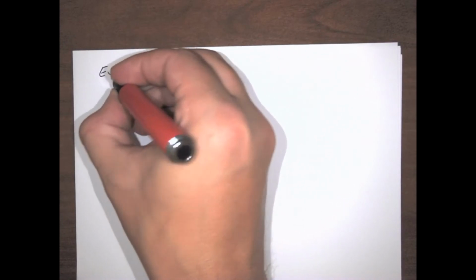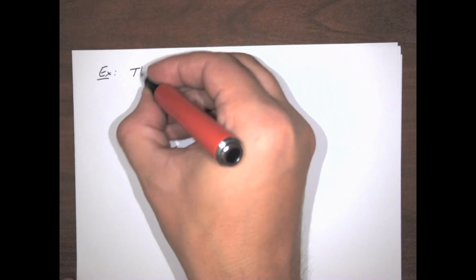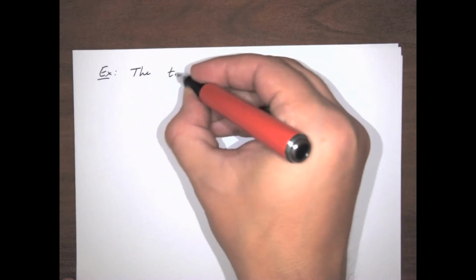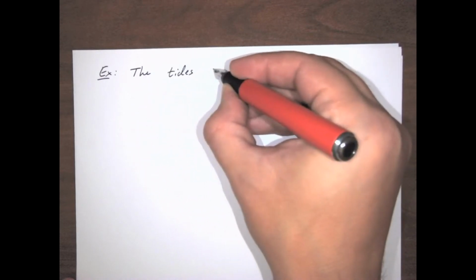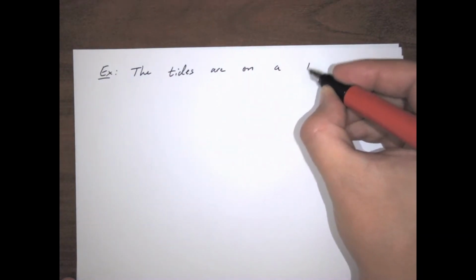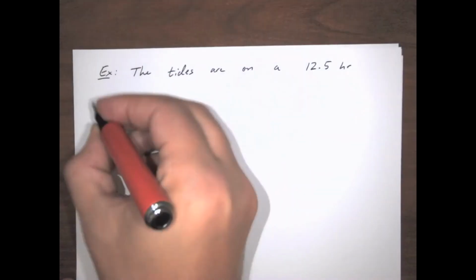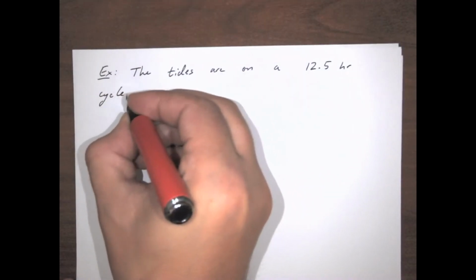All right, so example. The tides are on a 12.5 hour cycle.